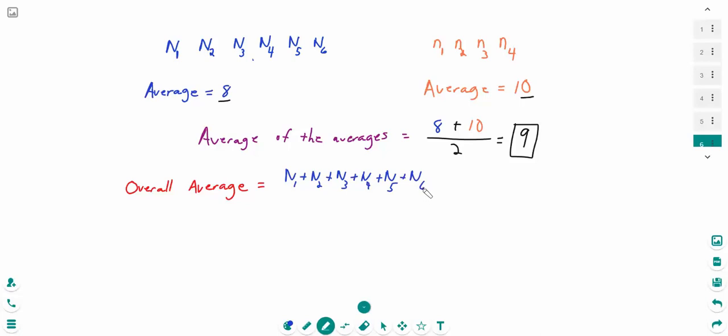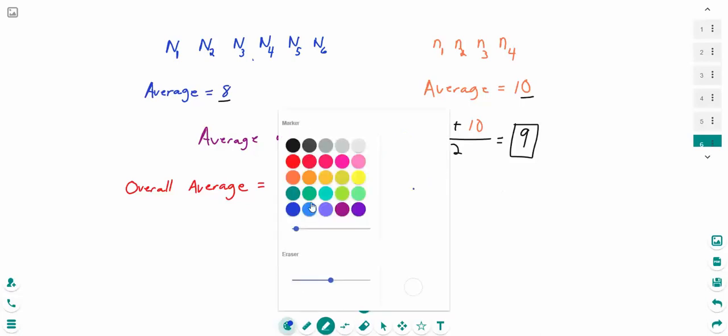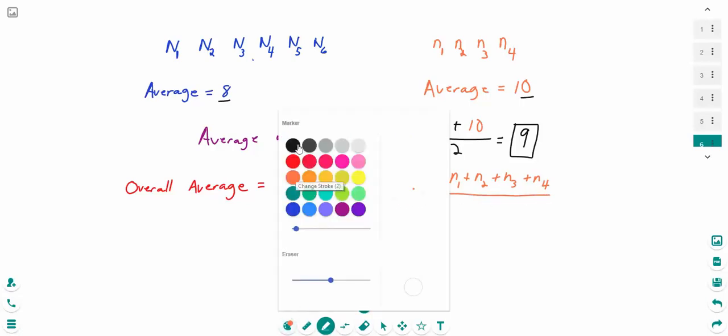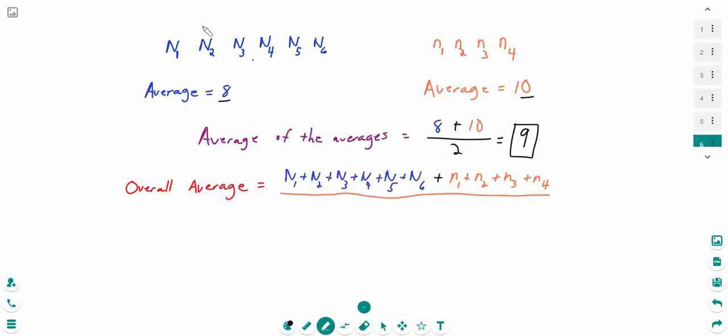So we'd have to take all of those first 6 numbers, and then we would have to add that to our second set of 4 numbers. Okay. And then we'd have to divide that by how many numbers are there total? Well, there are 6 numbers up here, and there are 4 numbers here. So there would be 10 numbers total. All right. This would be the overall average.